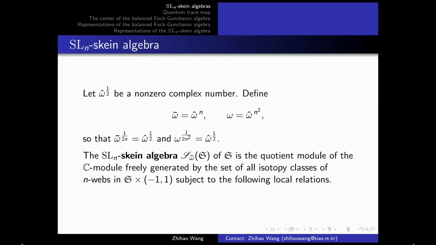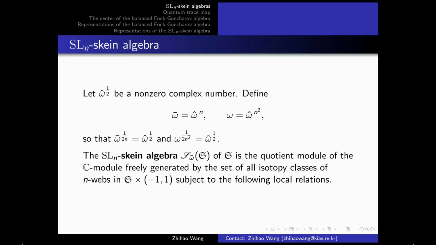Two n-webs in the thickening of this surface are isomorphic to each other if and only if we can smoothly deform one to the other. Everything is smooth. We consider all the n-webs up to isotopy, meaning if two webs are isotopic, we regard them as the same web.